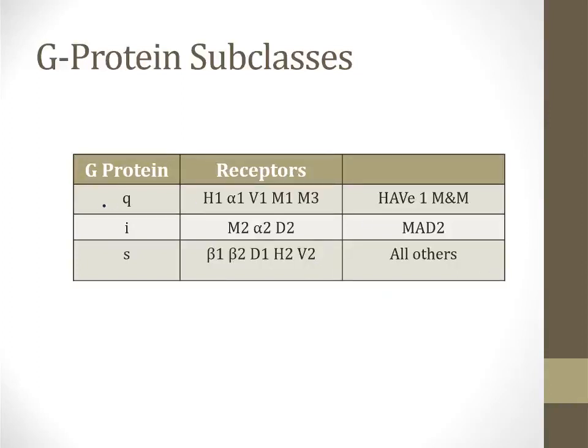The GQ subtype of receptor can be remembered by the mnemonic HAV1M&M. That's because the H1 histamine receptors, alpha-1 receptors, V1 receptors, M1 receptors, and M3 receptors all are linked to GQ proteins. The GI subtype can be remembered by the mnemonic MAD2. That's because M2, alpha-2, and D2 are all linked to GI proteins, and then all the others are found associated with the GS subtype.